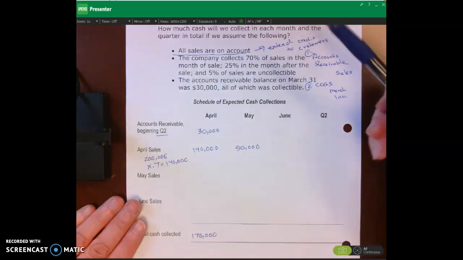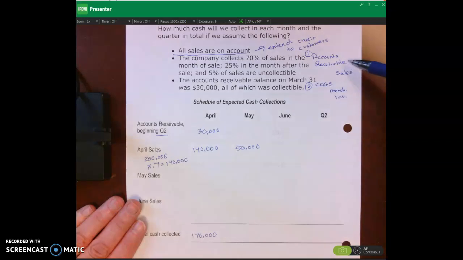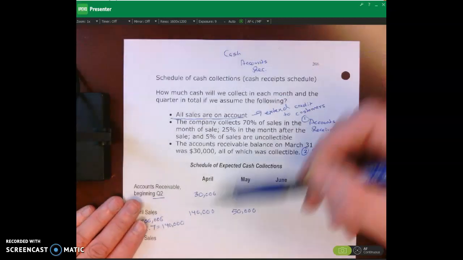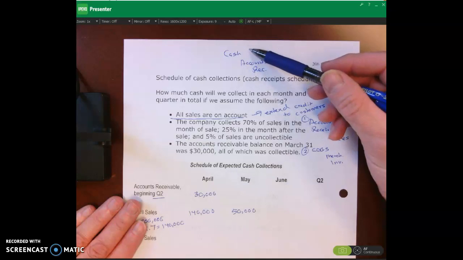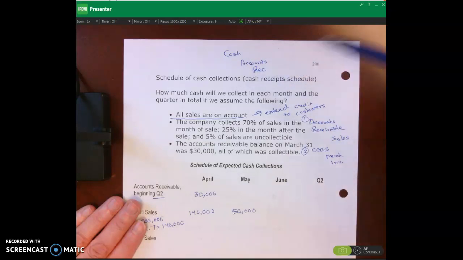Why is it $50,000? Well, I have $200,000 in sales, so for April I debited accounts receivable for $200,000 and credited sales for $200,000. Then I collected $140,000, so I debited cash for $140,000 and credited accounts receivable for $140,000.